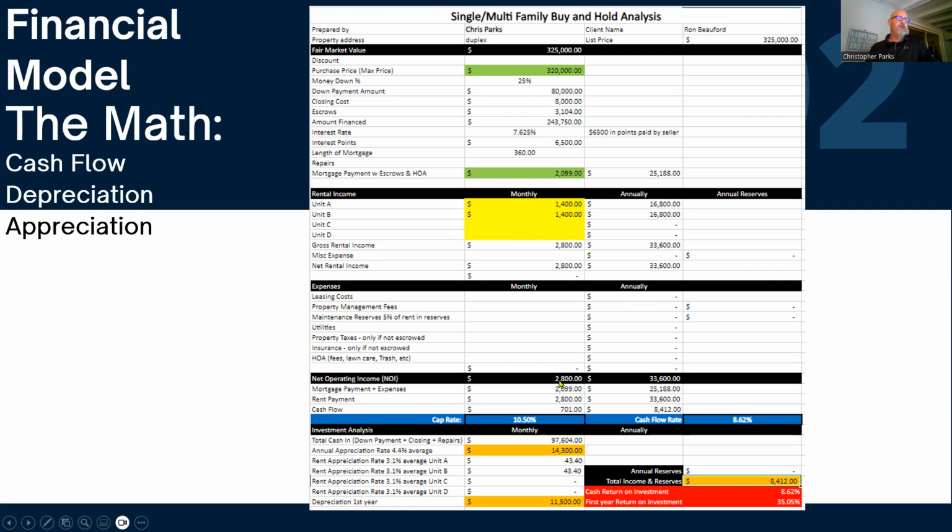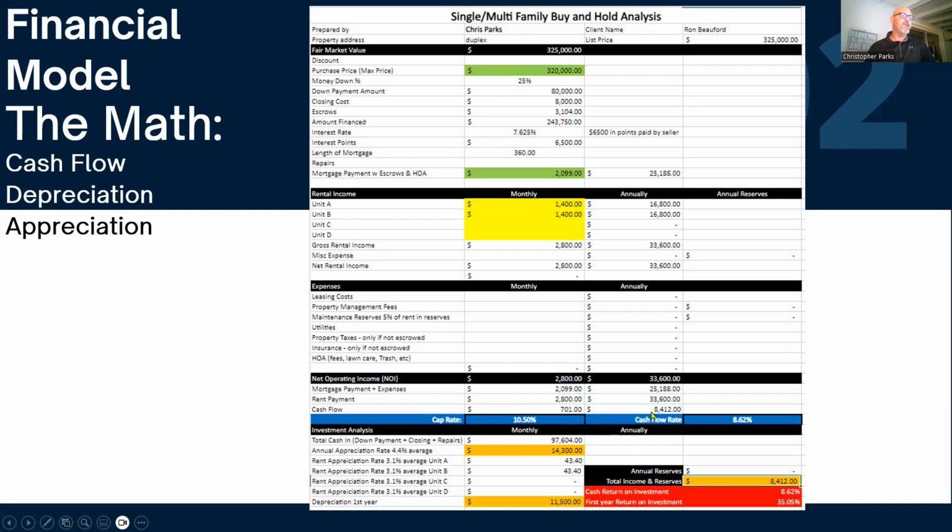And if you scroll down a little bit, you can see down here the net operating income, or the NOI. His net operating income was $2,800. Okay, his mortgage payment expenses $2,099, and his cash flow on a monthly basis was $701 per month.